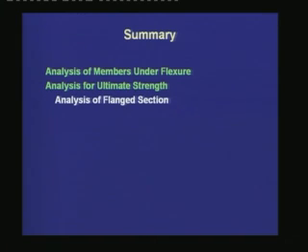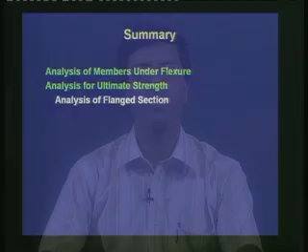Today, we studied the analysis of members under flexure. Specifically, we studied the analysis of flange sections for the ultimate strength. We first saw the different types of flange sections that are possible in construction.